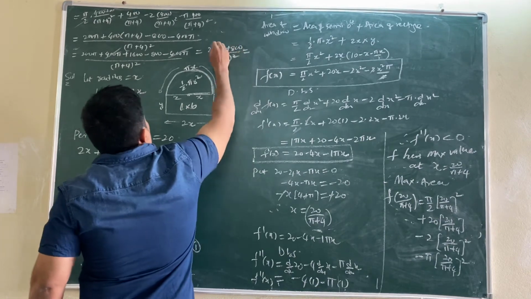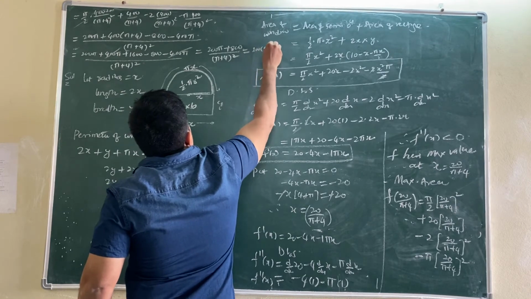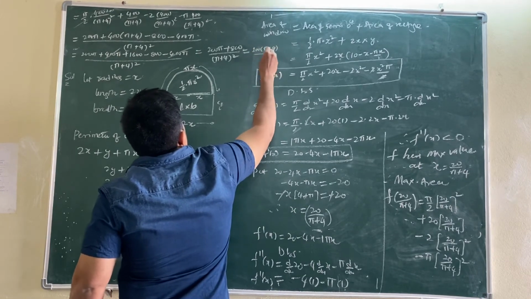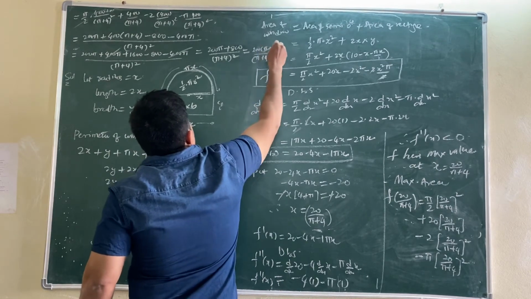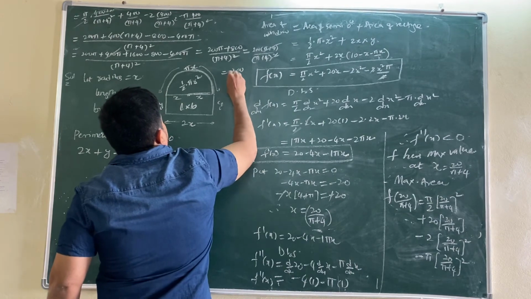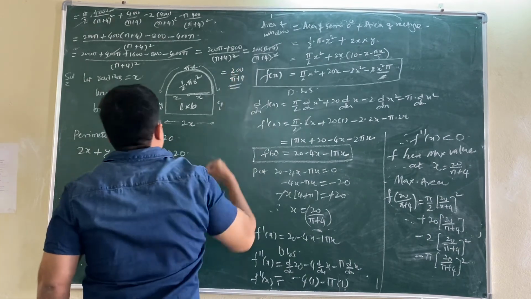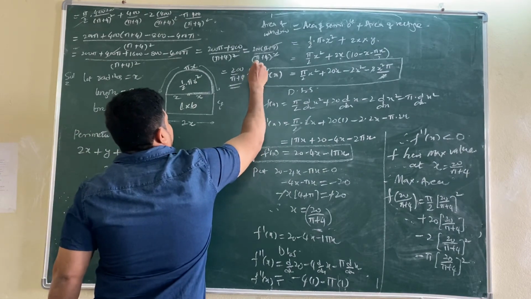Now if I take 200 common, pi plus 4, single pi plus 4 cancelled. The answer is 200 by pi plus 4 square feet, or feet square you can write.